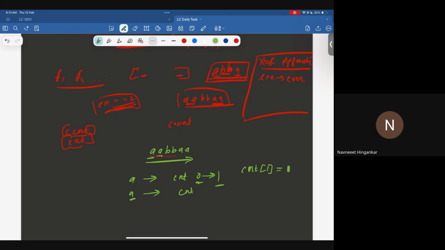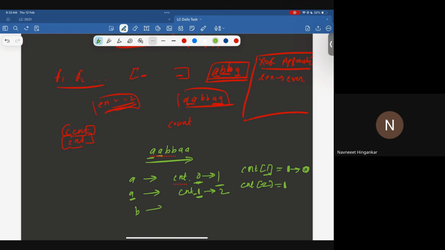Again, count of a goes from 1 to 2. So count of 1 becomes 0 and count of 2 becomes 1, right?